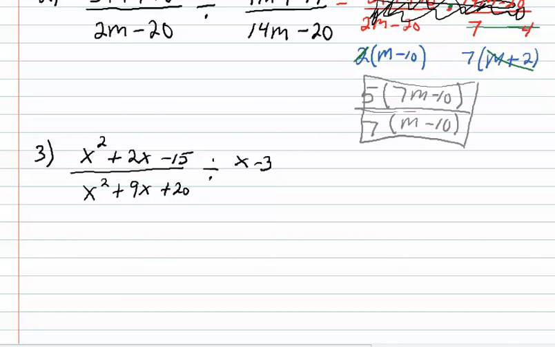Okay, alright, so now I've got my fraction, and now I can create this as a fraction by putting a 1 under it. Okay, but remember, the second fraction we're going to go ahead and flip over, and we're no longer going to divide, we are going to multiply. So I'm just going to change this to multiplication.